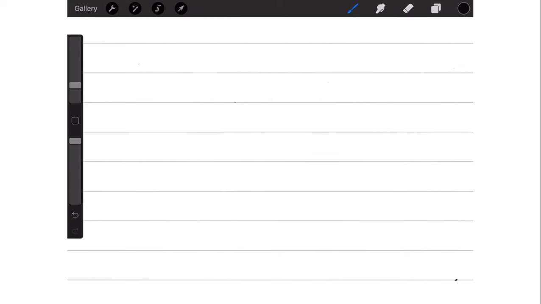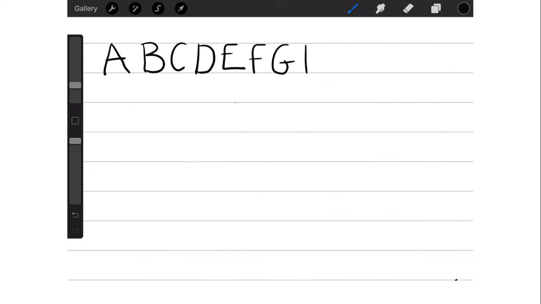So again, this is a good way of reminding the children the letter names. So if they need to know the letter names and the letter sounds, you could say A, and they do A, B, C, D, E, F, G, H, I, J, K, L. This is not the neatest on this iPad.